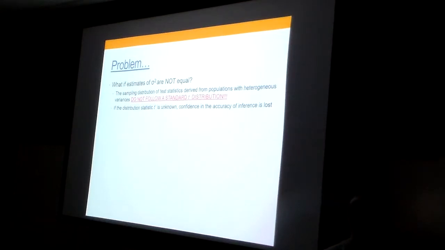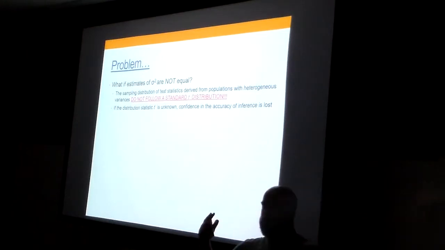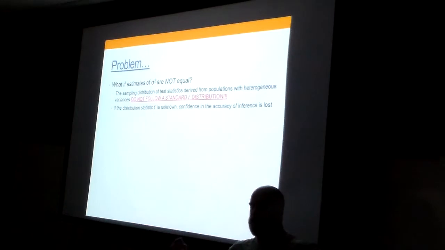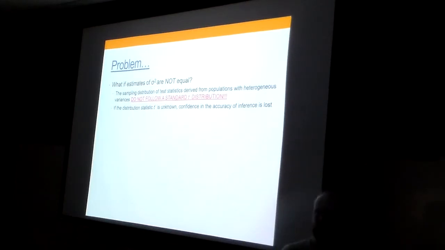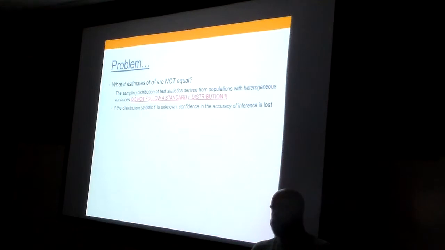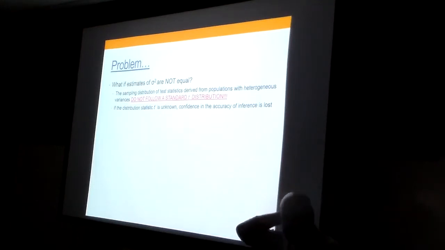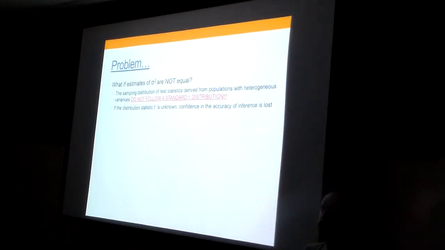What happens if now the sampling distribution that I get, if I don't have equal population variance, what does that do to my inferences? I'm not sure. Throws them all out of whack, right?